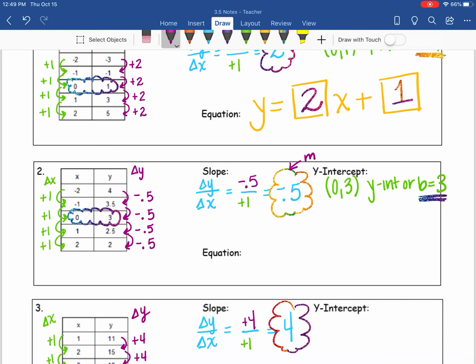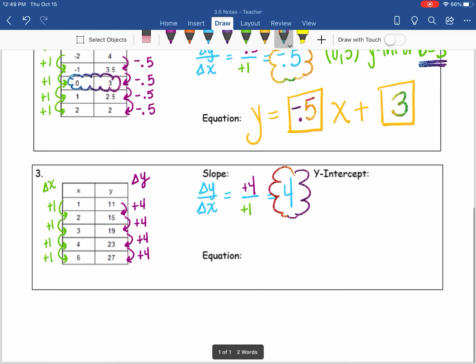We know from yesterday that our slope, or our m, is 0.5. Those are the two pieces that we need to write our equation. So I'm going to set up my skeleton, and you should be doing the same. Then we're going to fill in what we know. We know m is 0.5, and we know b is 3. So our equation for the line that's represented in this table is y equals 0.5x plus 3.